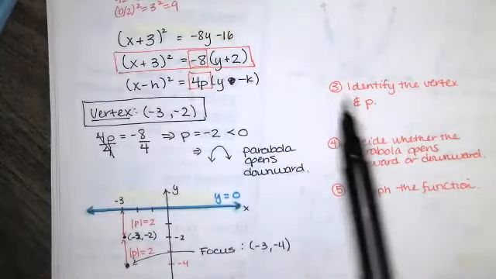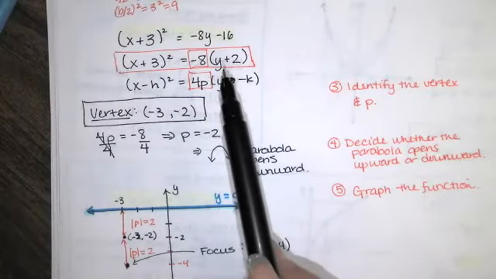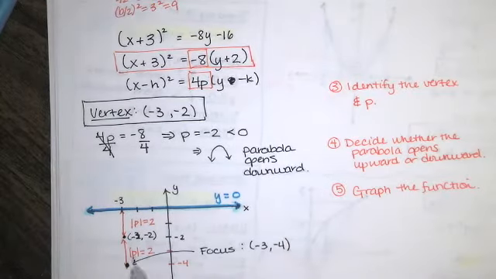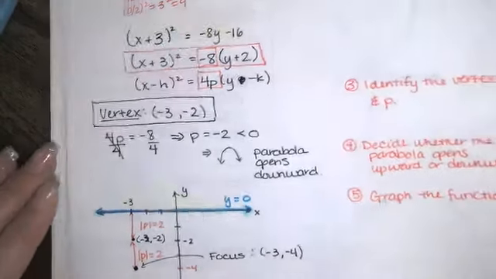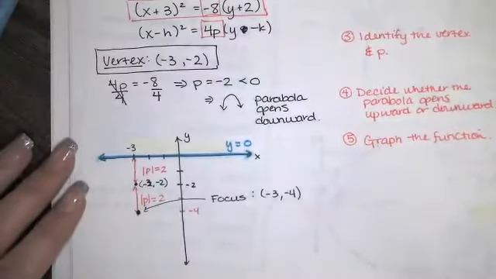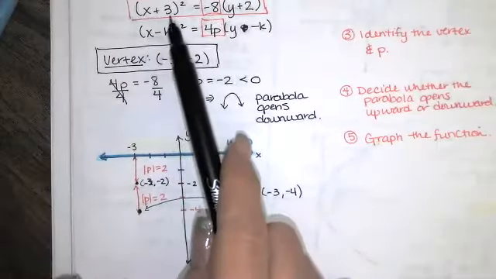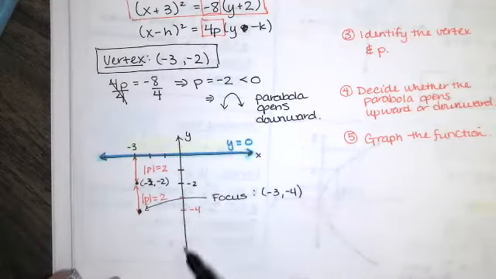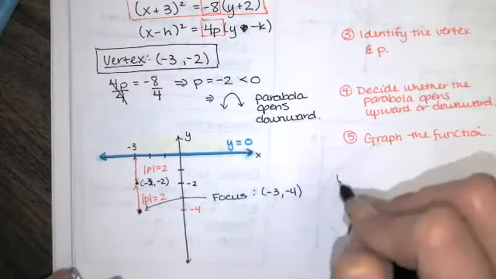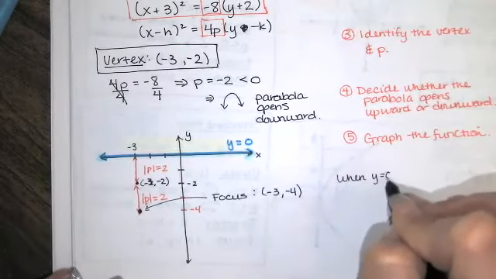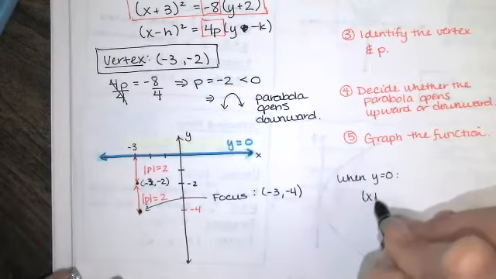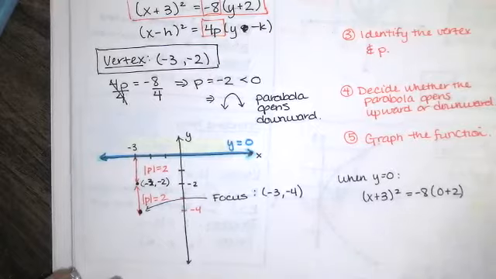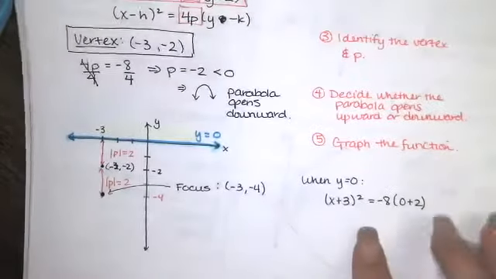So in order to do that, let's let y equals 0. So we're on the y-axis here. Then our equation becomes x plus 3 squared equals negative 8 times 0 plus 2. Just replacing the y with 0.